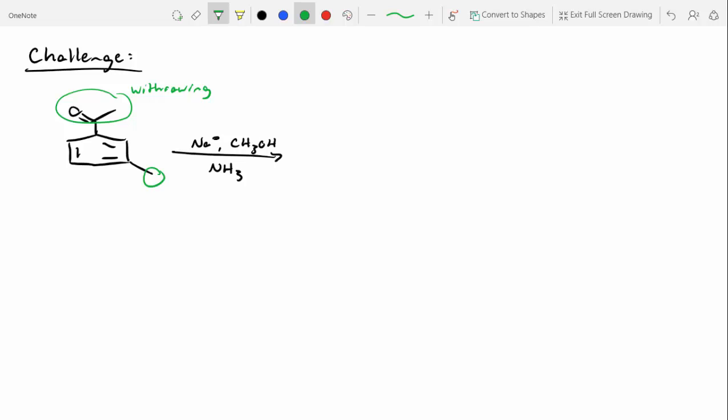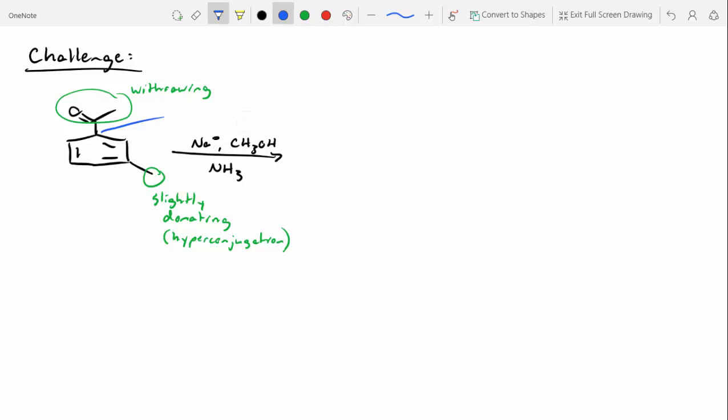That sp3 lobe can actually donate a very, very small amount of electron density into the adjacent p orbitals. So methyl groups are actually slightly donating due to hyperconjugation. It's not due to resonance in this case.